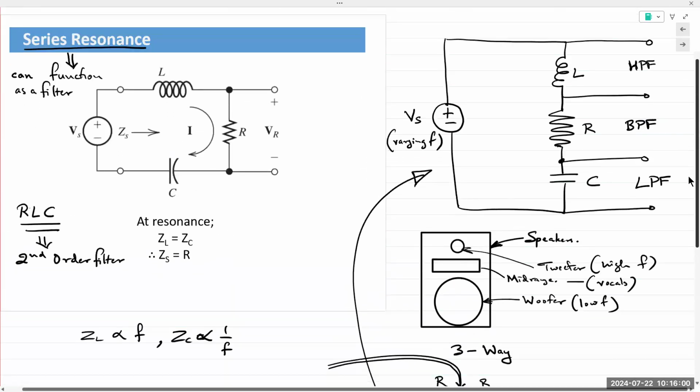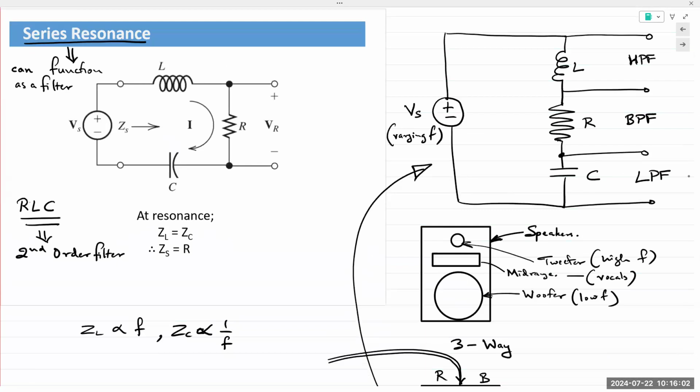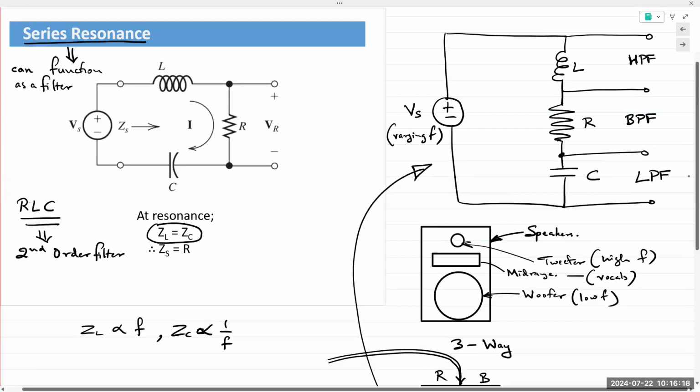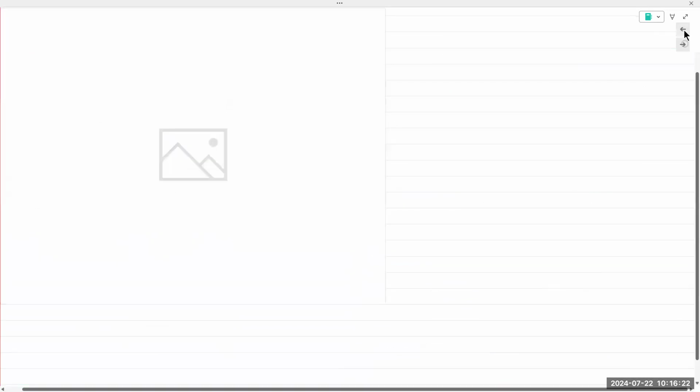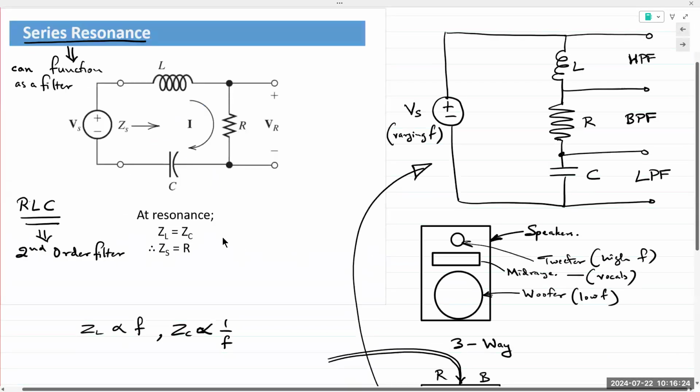Now, what happens at resonance? Well, resonance occurs at one single frequency, not for any other frequency. At that one particular frequency, the impedance of the inductor and the capacitor are exactly the same in magnitude, but opposite in phase.